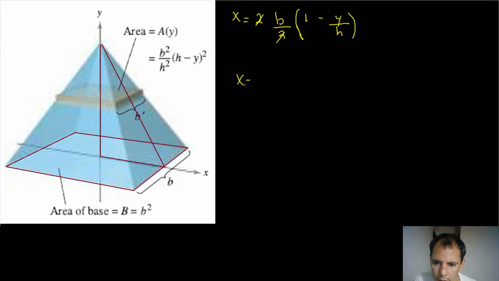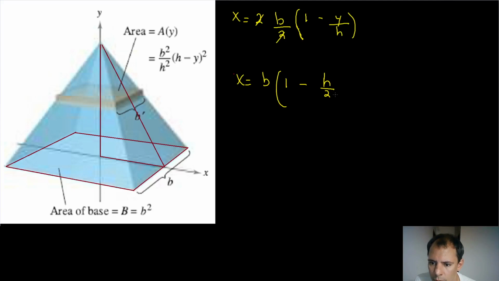Well, then x equals b times 1 minus height divided by 2 divided by the height. Okay, so the height divided by 2 is the value of y, and this is divided by the height, and this height here is this height here. But actually this height is going to go over there.